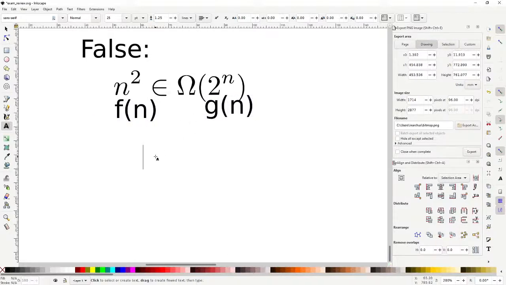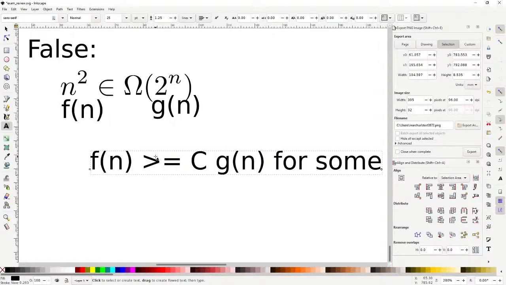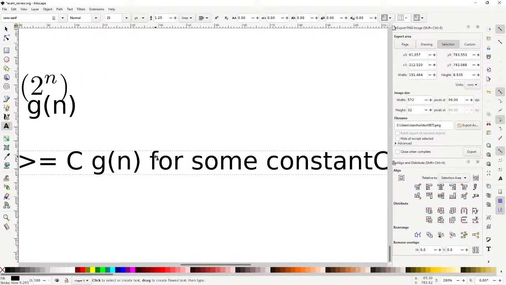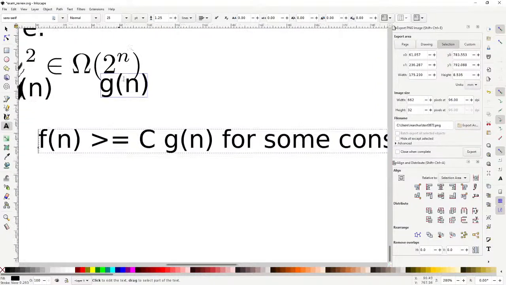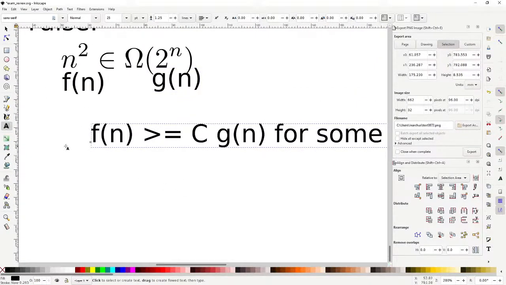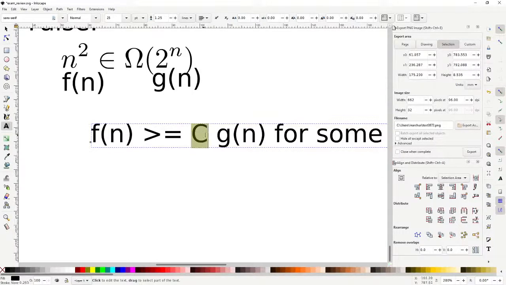What we require is that f of n is bigger than or equal to a constant times g of n, for some constant c, technically bigger than 0. What that means is that the limit of f divided by g has to be bigger than or equal to c.